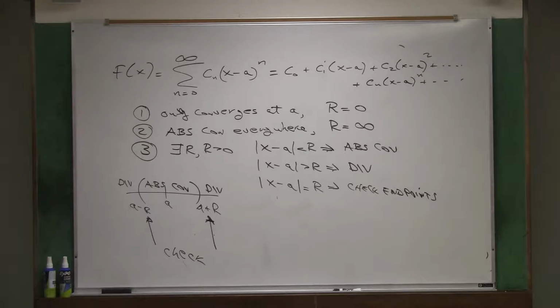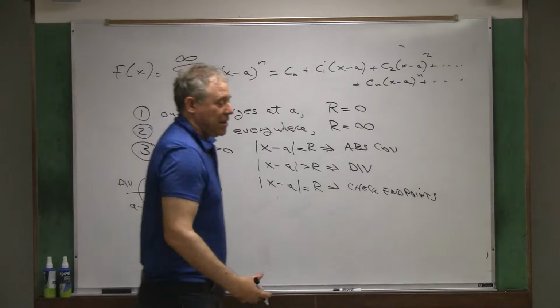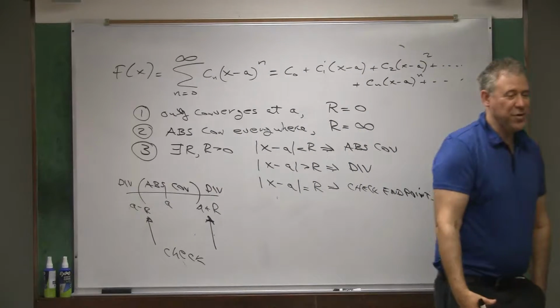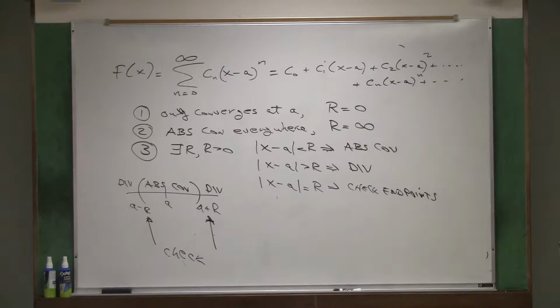Now because of that, if I give you an interval of convergence question or a radius of convergence question, your strategy is going to be to force the limit with, say, the ratio or the root test to be less than 1 in order to get a condition on x.